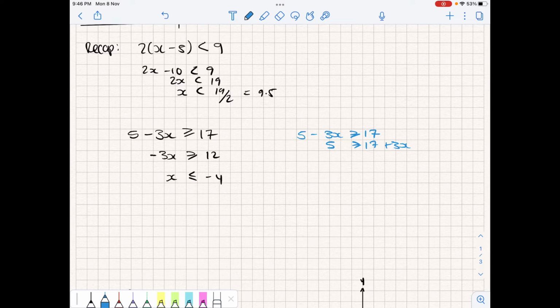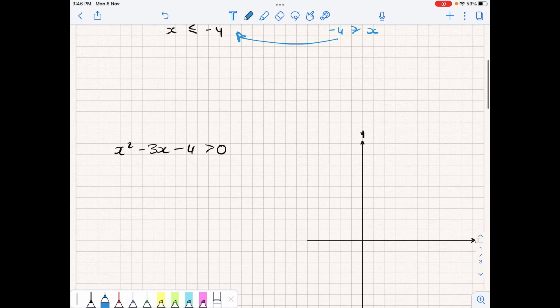And now I'm going to move the 17 over to the other side, so I'll get negative 12. And then dividing through by 3, you can see that the inequality is facing away from the 4, right? Which is exactly the same as this one here. So that just shows why we have to change the inequality when we divide or multiply by a negative sign. It's just like moving the inequality over to the other side of the equation.